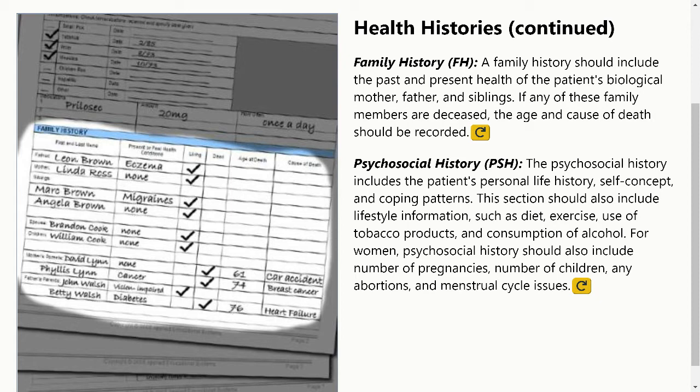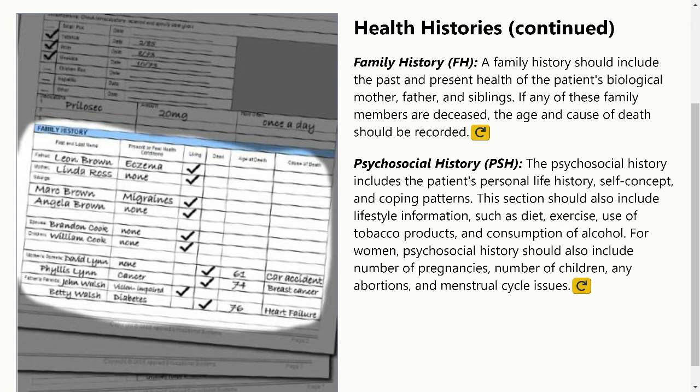Psychosocial history. Psychosocial history includes the patient's personal life history. That's a question. Psychosocial history is a part of health history that includes information about the patient's lifestyle.